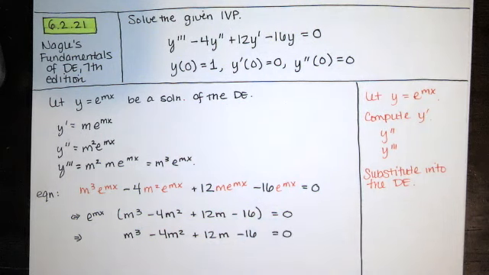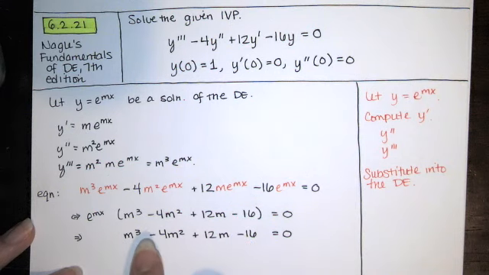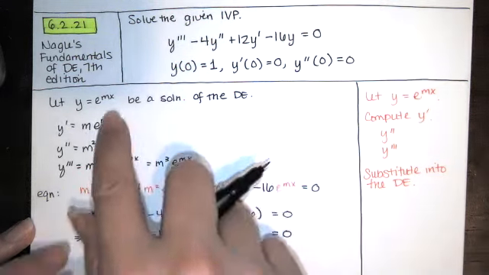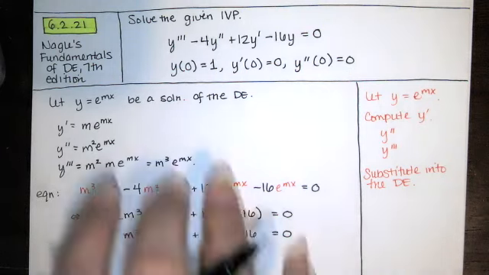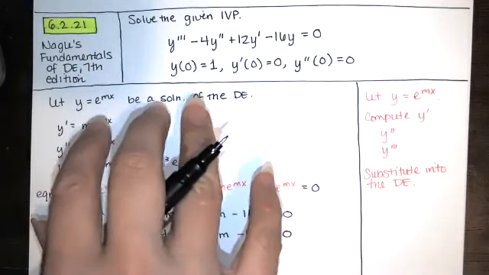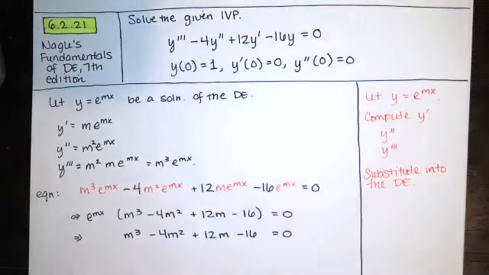Or in other words, the values of m that satisfy this polynomial equation are the values of m that caused e to the mx to be a solution of the differential equation. So we just need to find the m's that satisfy this. Then we know the functions that will cause the differential equation to be satisfied. And when we have three linearly independent functions, we can multiply them by constants and add them together, and that's going to give us the general solution.